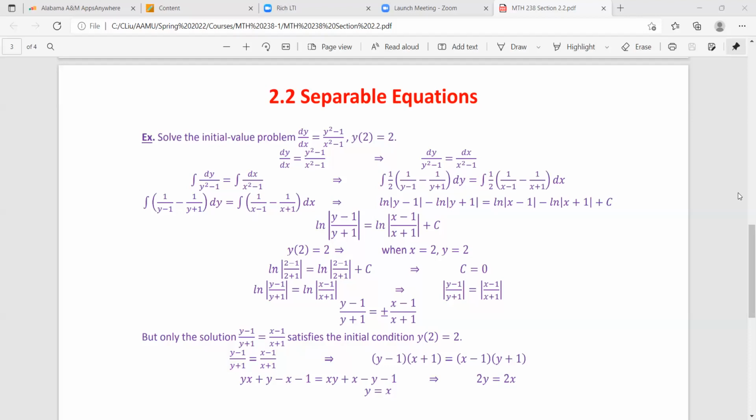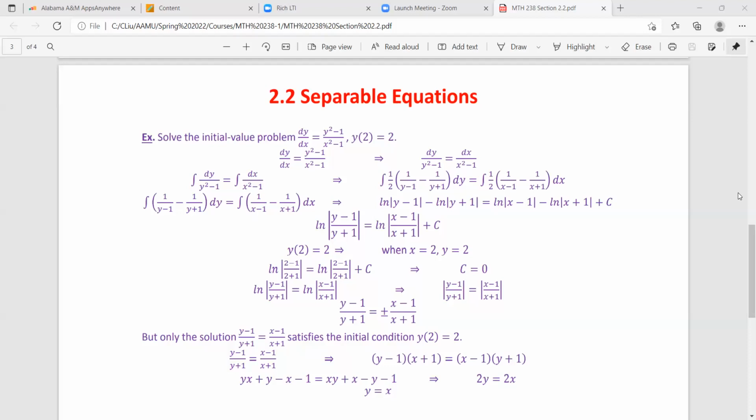And then we can integrate easily each term on both sides. But you can cancel 1/2 on both sides first to make it a little simpler. So then 1 over y minus 1 and 1 over y plus 1, if we integrate, you're going to get the natural log of absolute value y minus 1 minus the natural log of absolute value y plus 1.